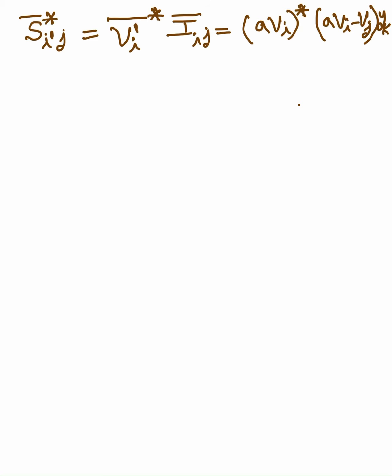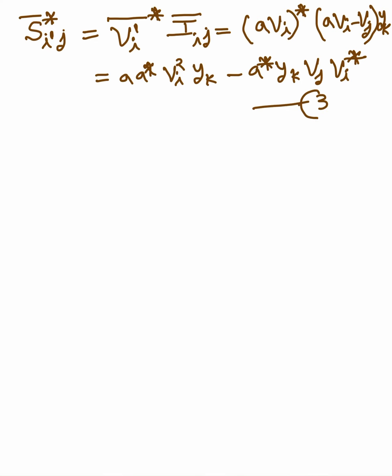Okay, so multiply with them, then what is the value? A conjugate into Vi square Yk minus a conjugate Yk Vj into Vi conjugate. So that is the equation number 3.